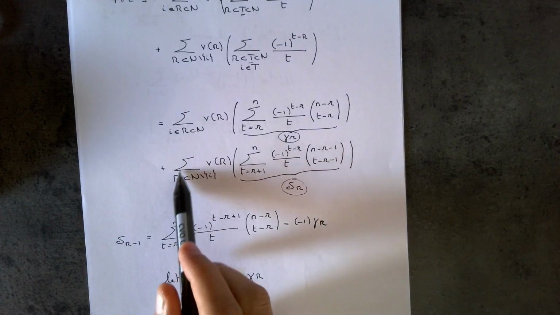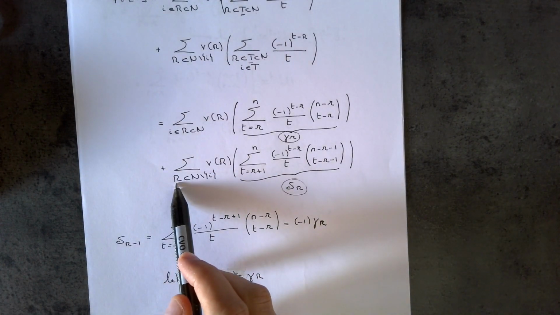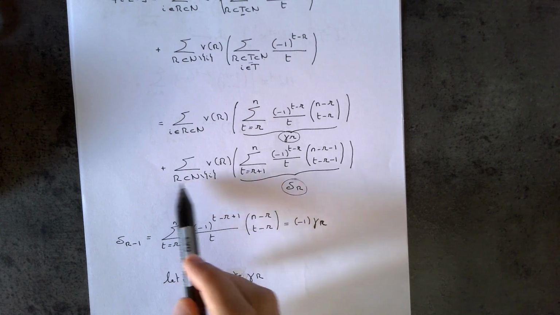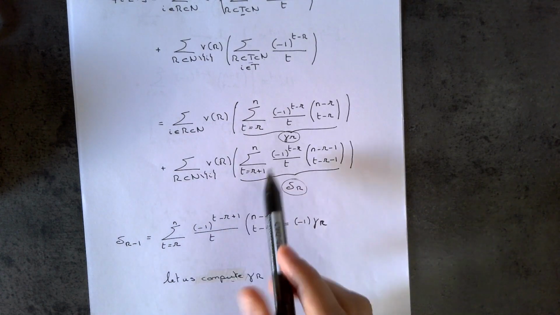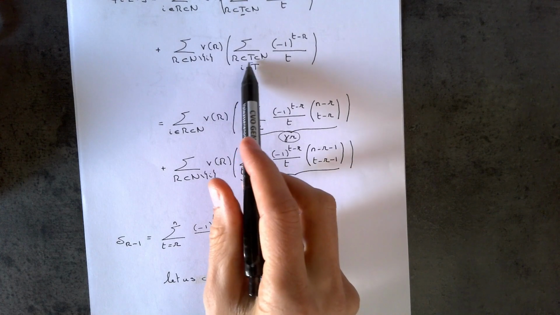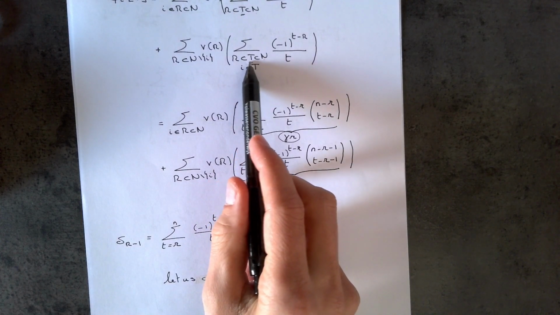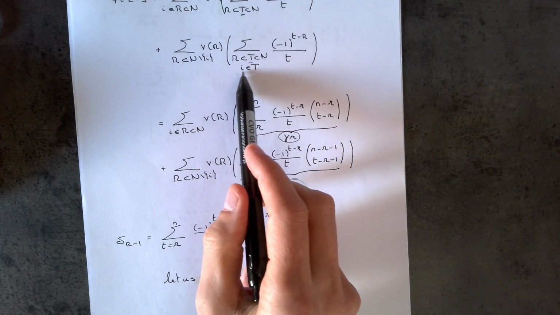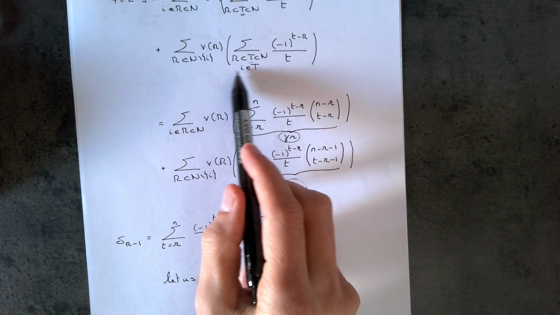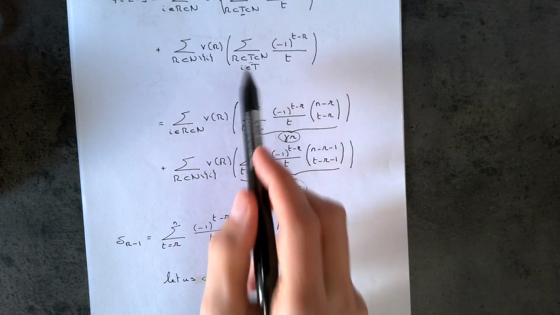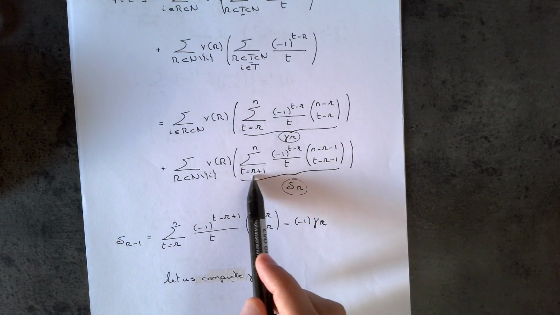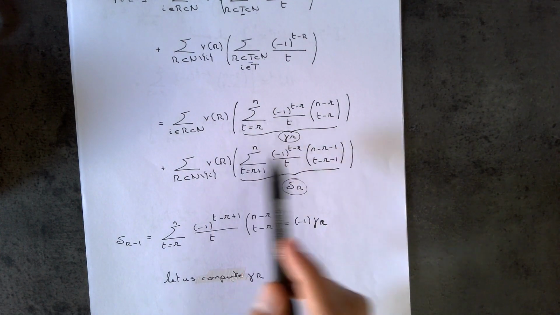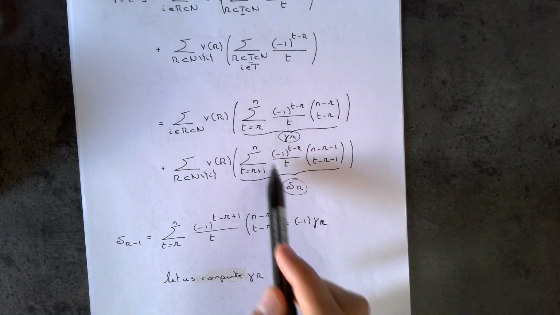Then for the second one, we have the sum over all coalitions R that do not contain i. Here, I'm going to sum again depending on the size of T. So t goes from the size of R plus 1, because R doesn't contain i and I have to include it in T, so T will always be 1 bigger than R, up to n, over this coefficient, which is the same.